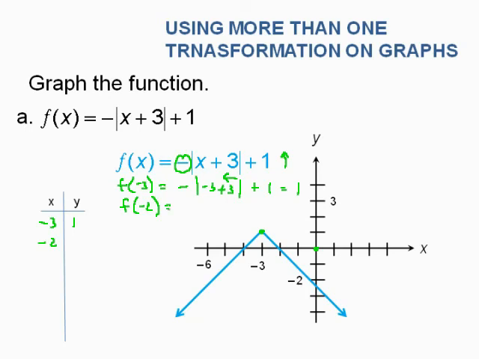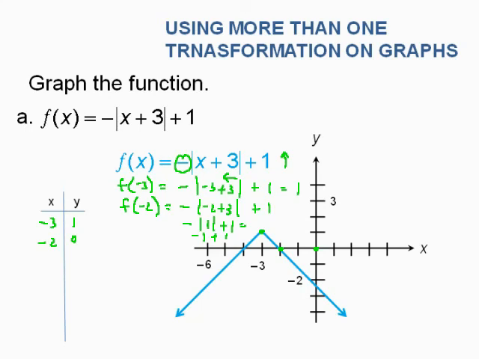Well, let's just do that one real quick. Minus the absolute value of -2 plus 3, plus 1, gives us minus the absolute value of 1 plus 1. Now notice that minus is outside the absolute value, so that makes this -1 plus 1, or 0. So at -2 we get 0, and then we could still plot enough points to see the v.